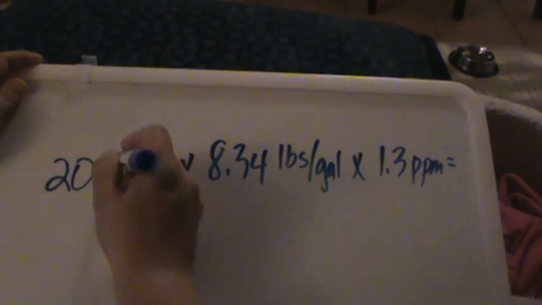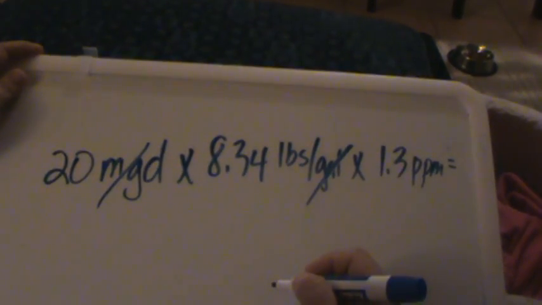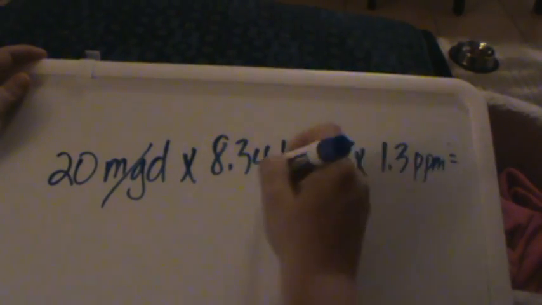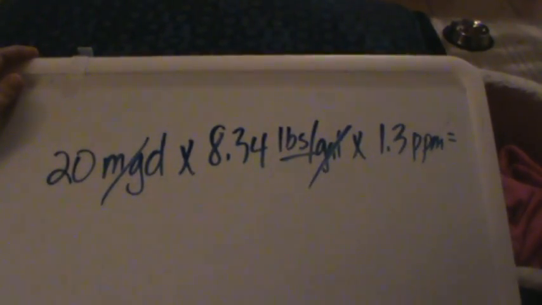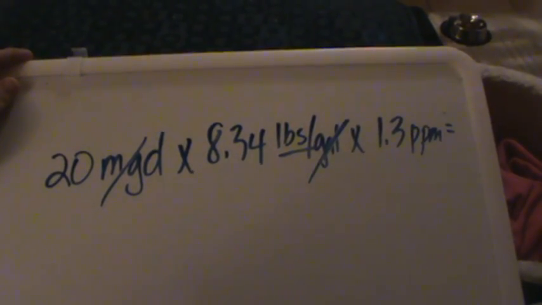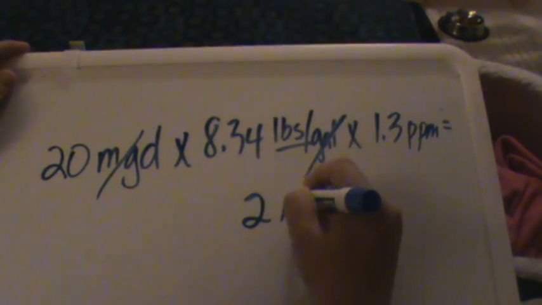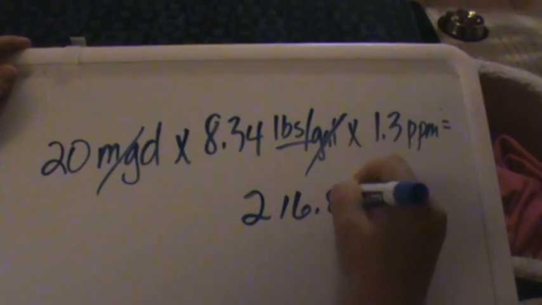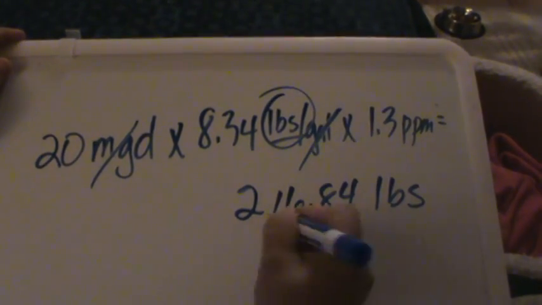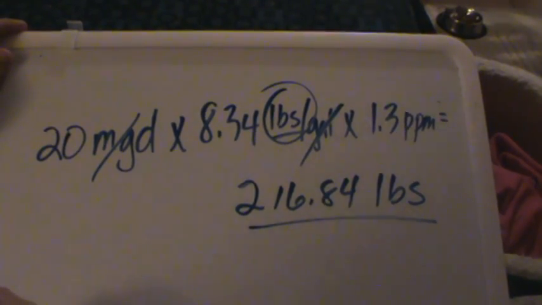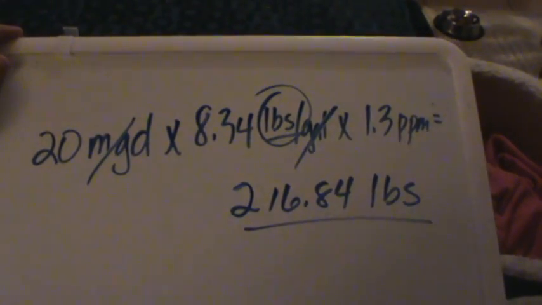Okay, so my gallons cancel, leaving me with pounds. Okay, so let's see here. 20 times 8.34 times 1.3 is going to give me 216.84 pounds, because we're left with pounds there. So that would be the answer. It's pretty simple, pretty straightforward.